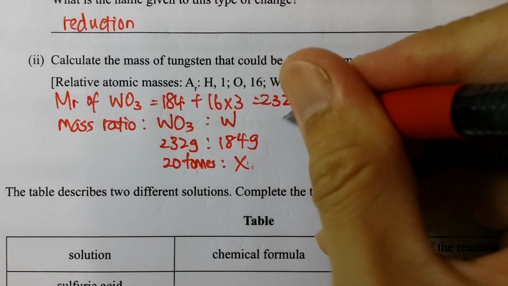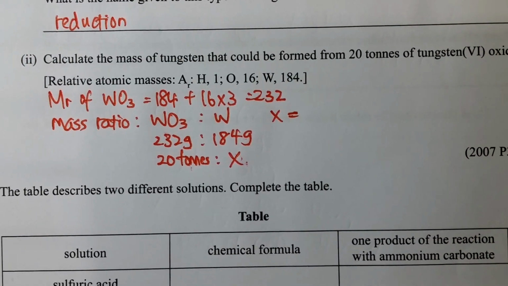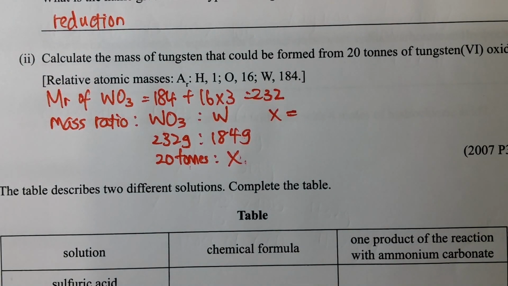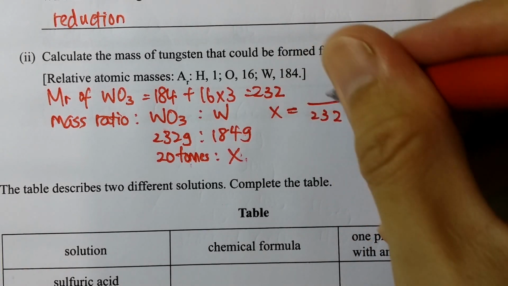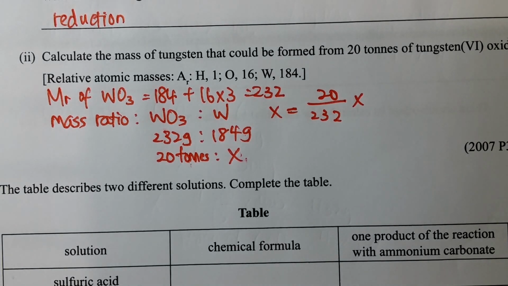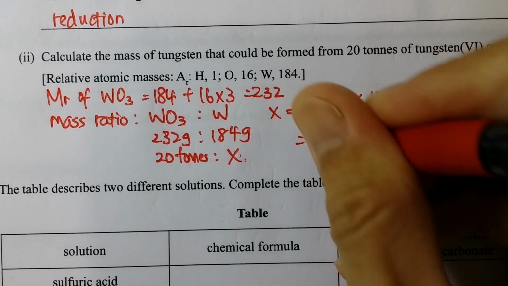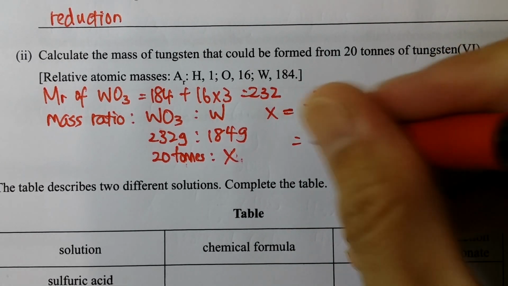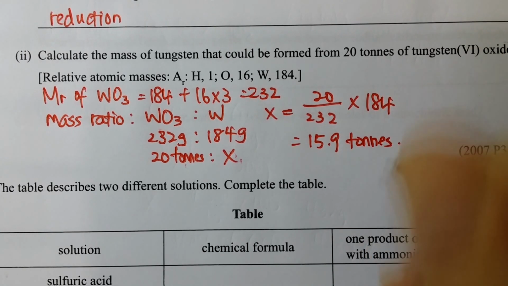So by solving X, I can find out that X is 232 over 20 times 184, and that would give you 15.9 tons.